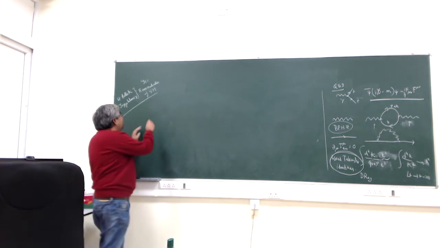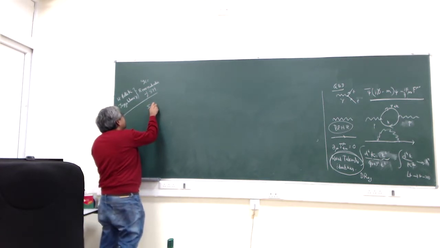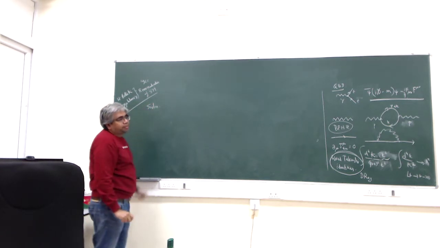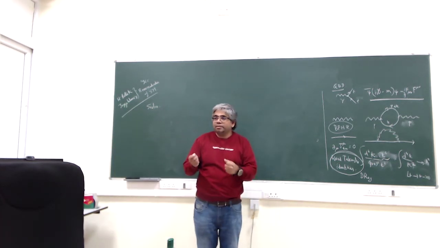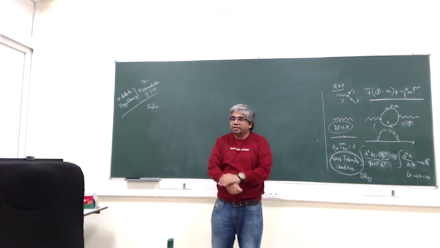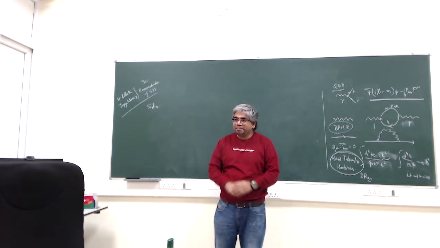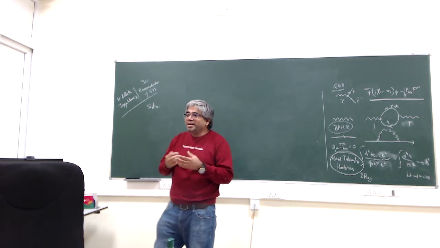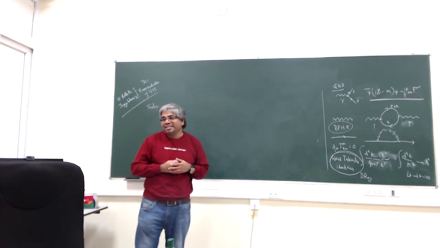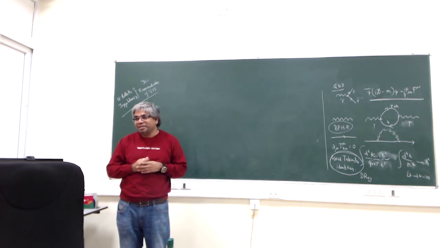Sirlin and company found it. Sirlin and the most famous person in g-minus-2 calculations. Who did the four-loop QED for the g-minus-2?